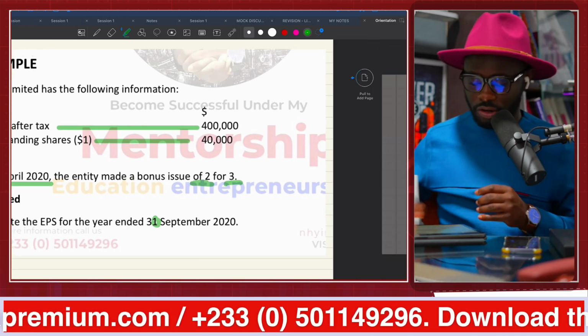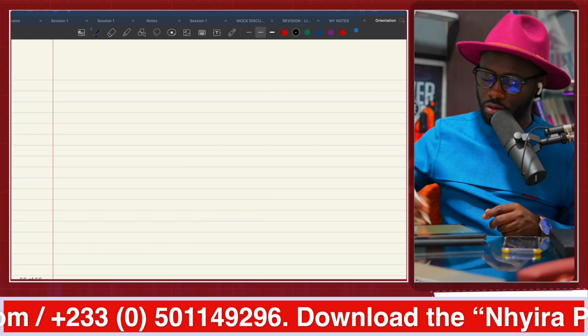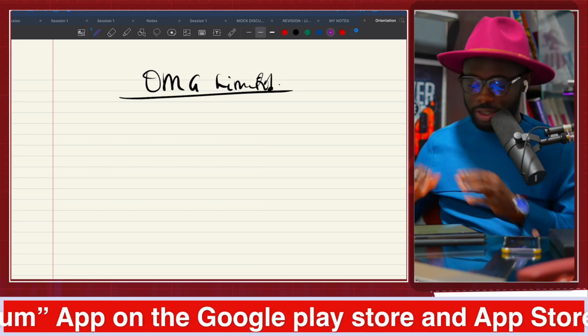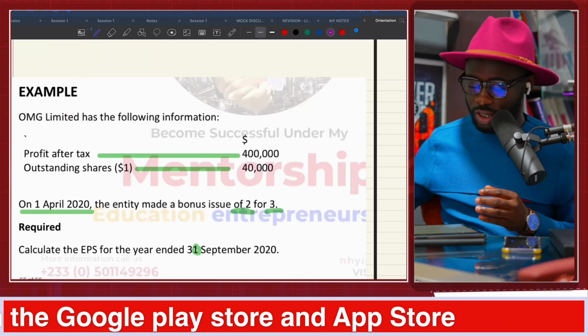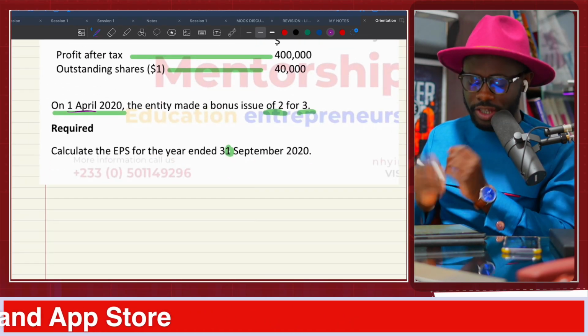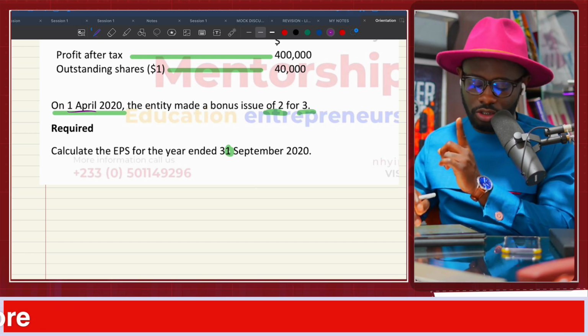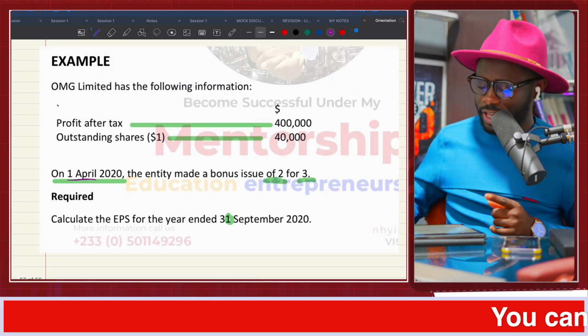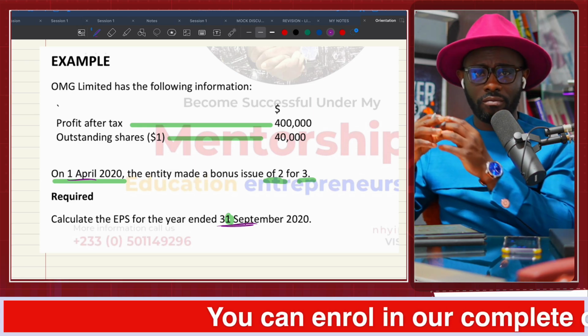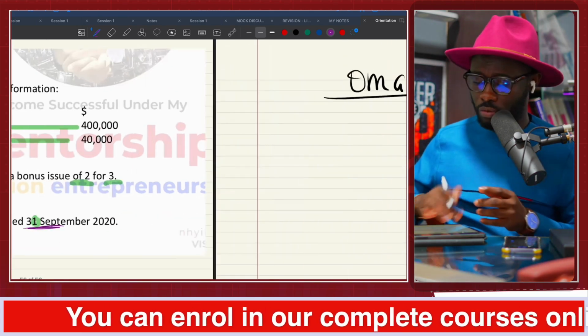Okay, so let's crunch some numbers quickly. OMG Limited. So few things quickly. They made a bonus issue on 1st April 2020. Stay with me. If the year ends on 30th September, that means the year will start from where? 1st October.